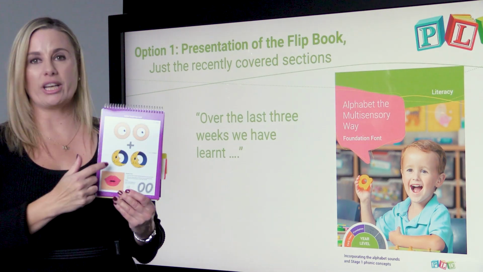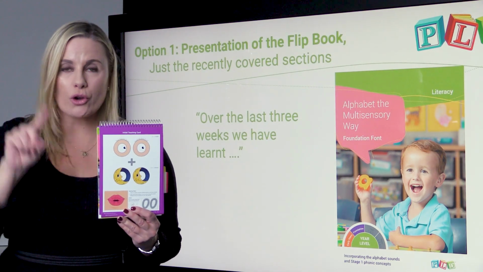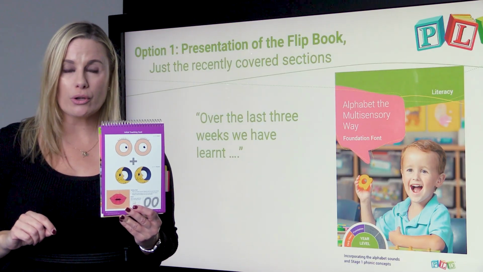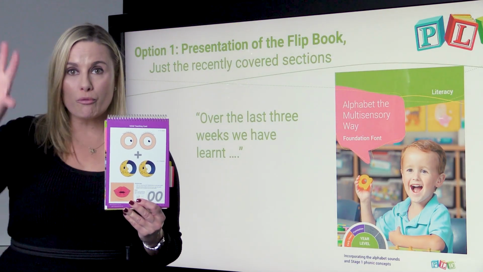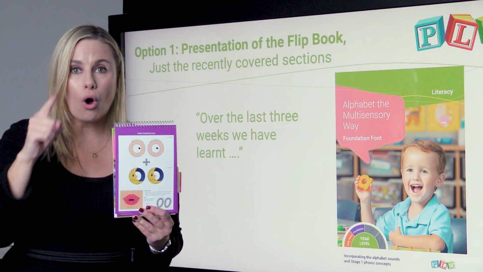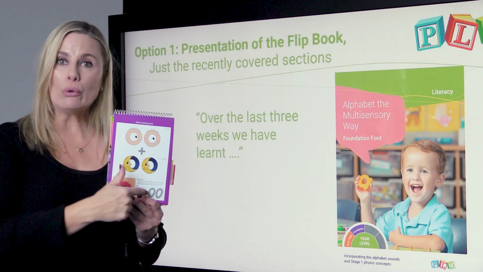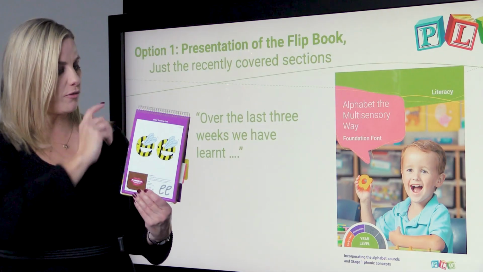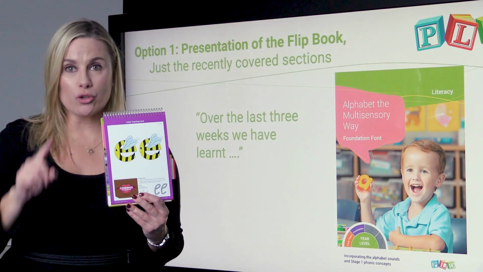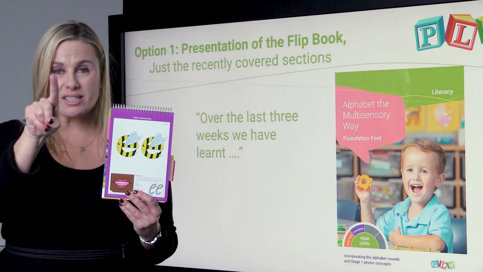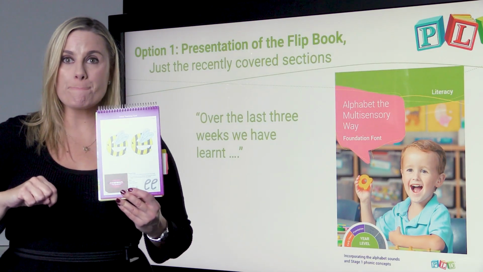We've also been learning when 2 O's go together, they can say oo of moon, and they can say oo of look. We've also been learning that when 2 E's go together, they make one sound, ee of bee.